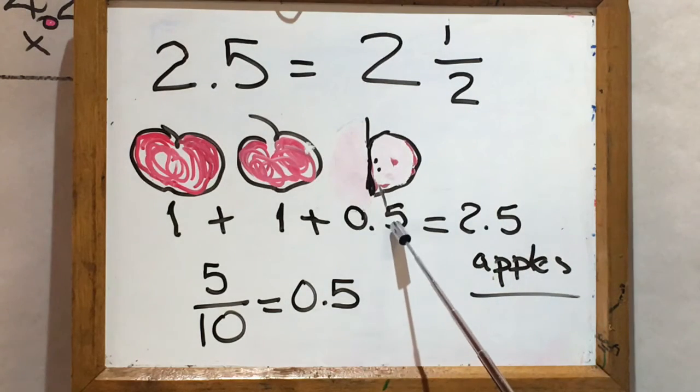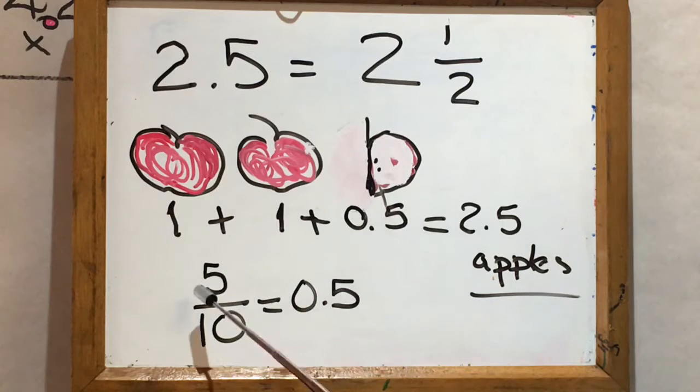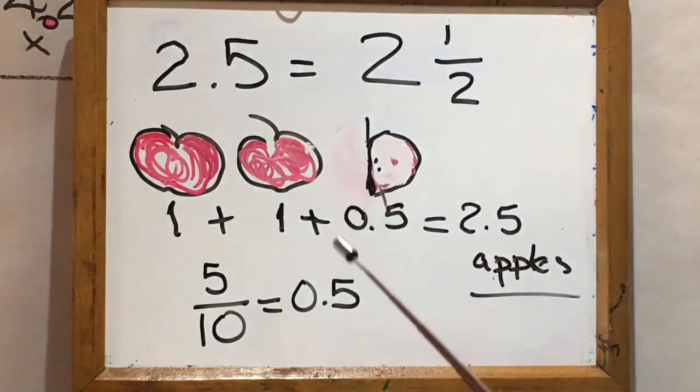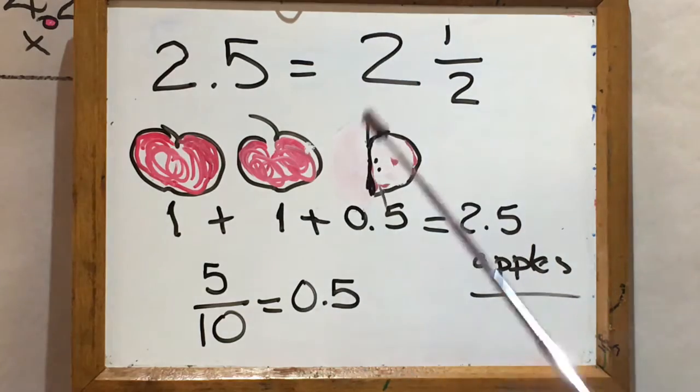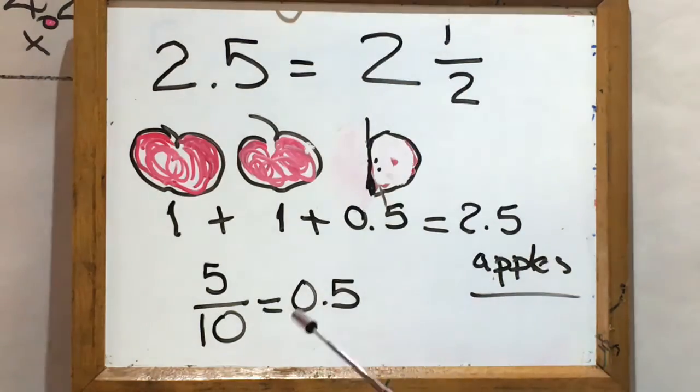Well, how can I get this 0.5? 0.5 is formed by dividing 5 over 10. 5 divided by 10 is going to give me 5 tenths. So that's the way we have the decimals in tenths, in hundreds, in thousands, and 10,000, and so on.